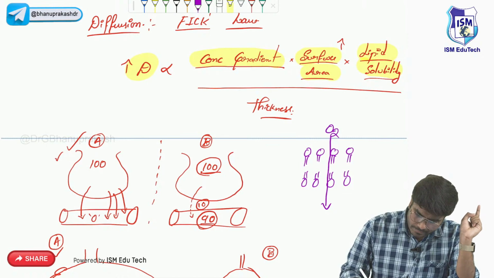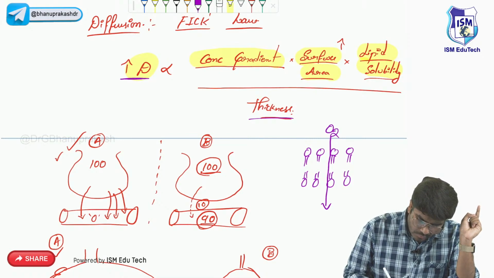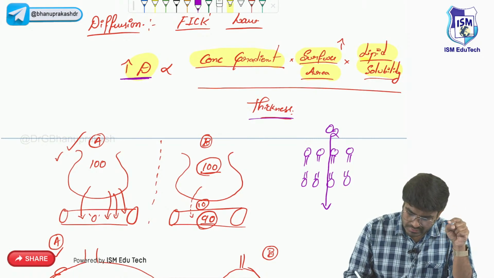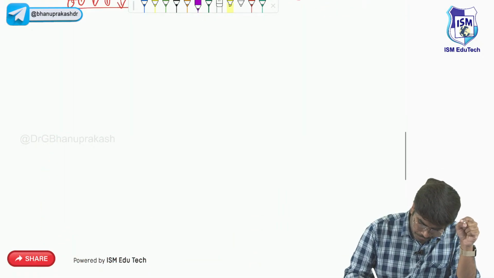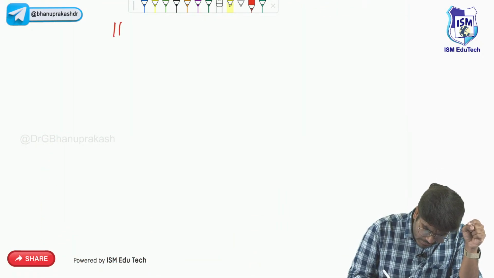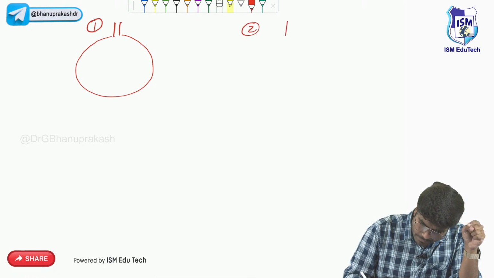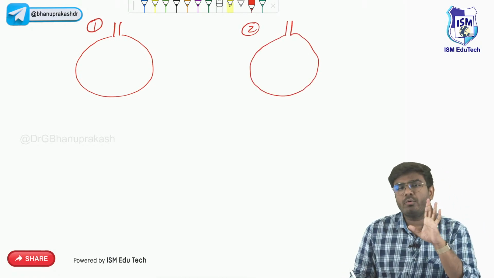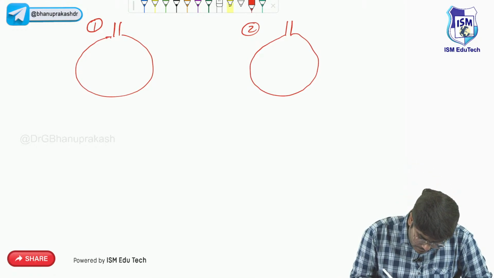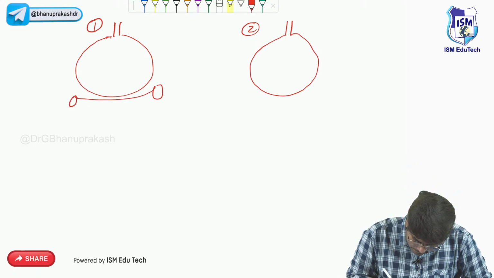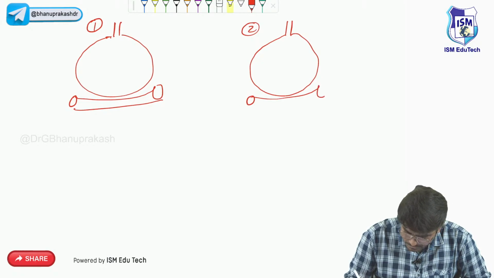Okay. Now, after this, let's talk about diffusion relation with the thickness. Now, let me show you again two alveoli. This is alveolus number 1. This is alveolus number 2. Here is the pulmonary capillary. This is also the pulmonary capillary.